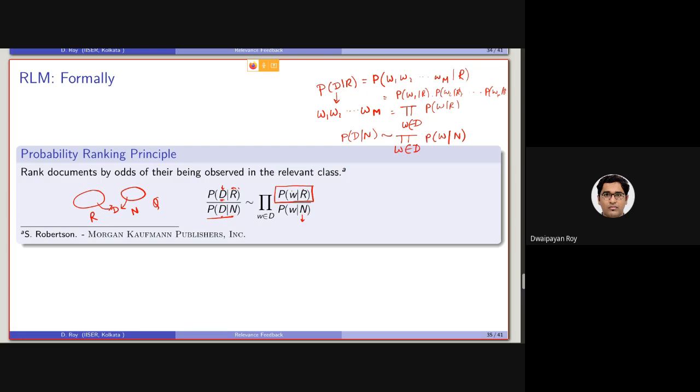But given a query, R is expected to contain a single topic. That's why we can assume that there is only one probability density function underlying this R. And this probability density function is formed with the individual words, and we are estimating the weight of the individual words in this probability density function.